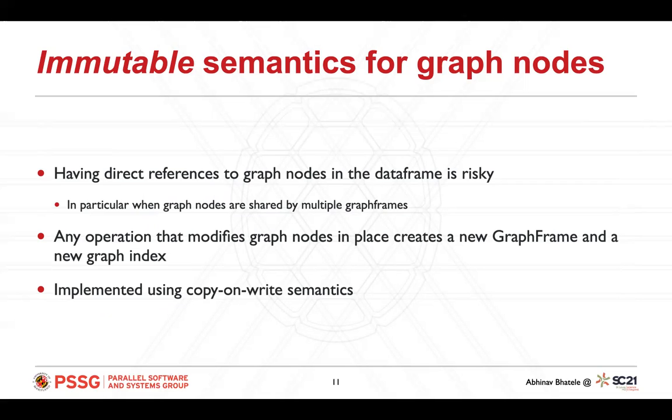To avoid situations where data might get corrupted, we use immutable semantics for the graph nodes. So any operation that might modify graph nodes in place creates a new graph frame and a new graph index. This way, our graph and the data frame always stay consistent. This is implemented using copy on write semantics in Hatchet.